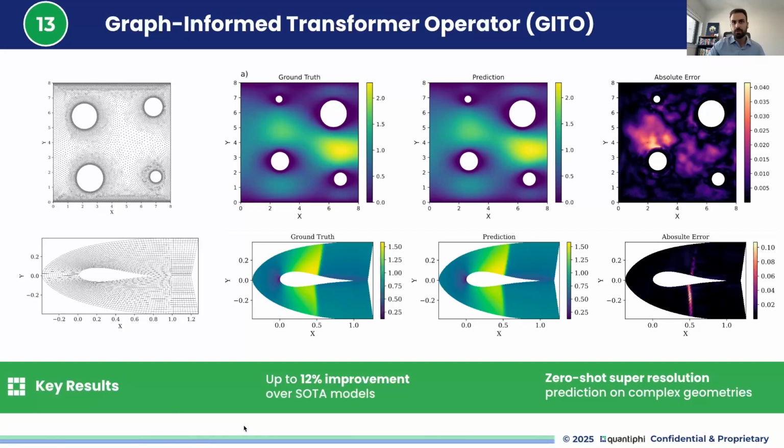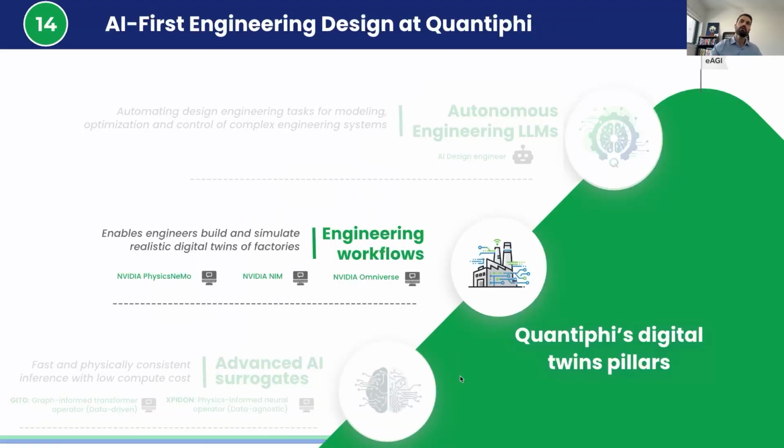Overall, we achieved 12% improvement over the state-of-the-art models, and we were also able to include zero-shot super resolution prediction for complex geometries.